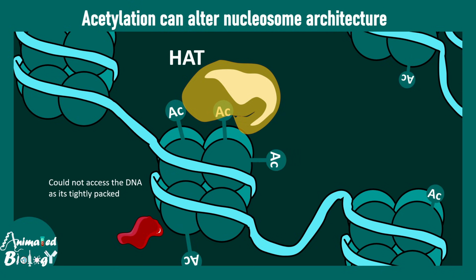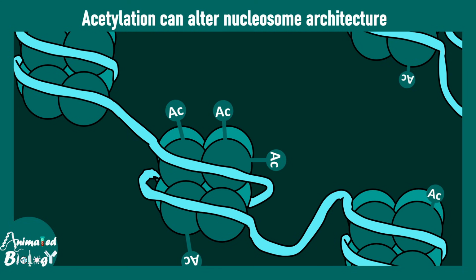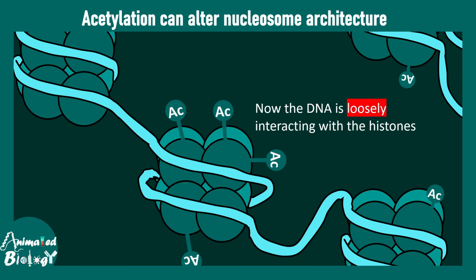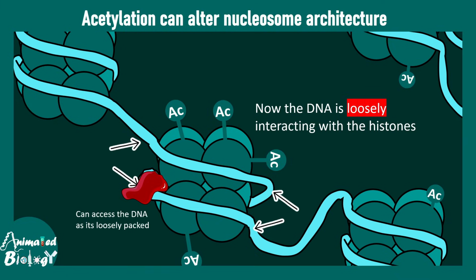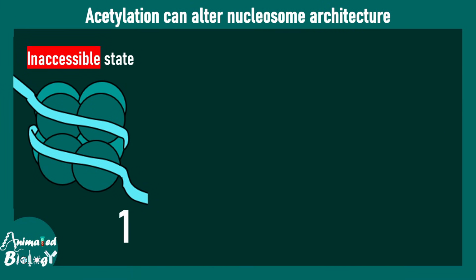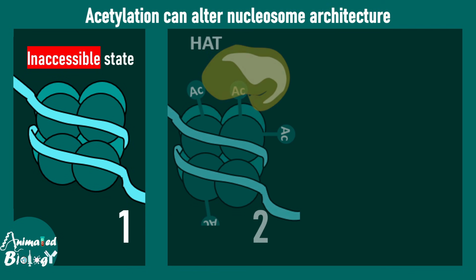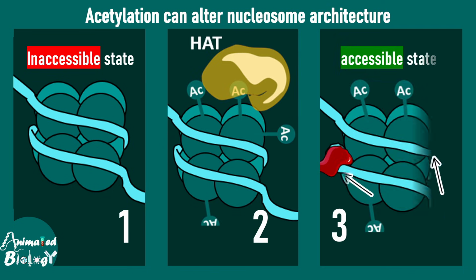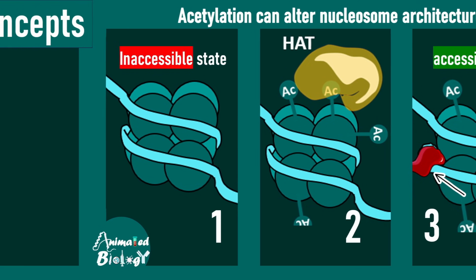Acetylation repels the tightly woven DNA and makes it more loose around the histone octamer. That means it gains accessibility such that these kinds of proteins can go and bind to the DNA and lead to changes in the DNA. So overall, the inaccessible state of the nucleosome can become accessible with the help of modifications like histone acetylation.